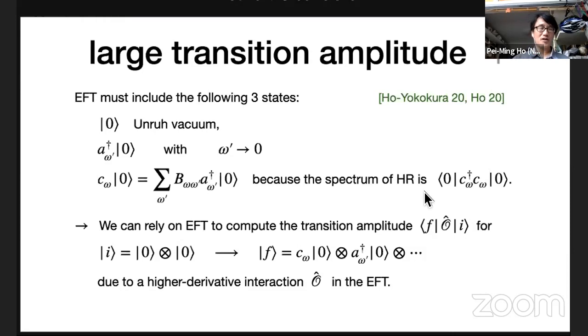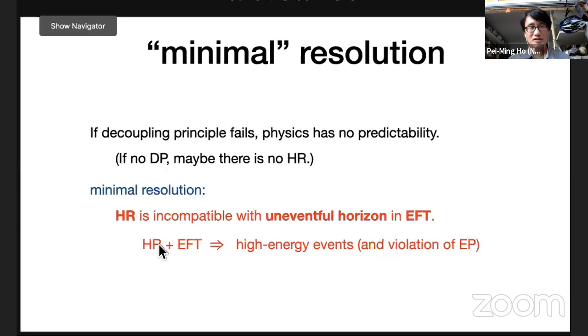So if you do not assume Hawking radiation, if you claim that this state doesn't exist in your effective field theory, then you are also saying that your effective field theory doesn't really predict Hawking radiation. So this is the minimal resolution I was trying to talk about in the first lecture. So when you assume Hawking radiation, only then you need to say your effective field theory predicts high energy events. So it's basically pointing out the incompatibility between Hawking radiation and uneventful horizon in the effective field theory over a length scale beyond the scrambling time.